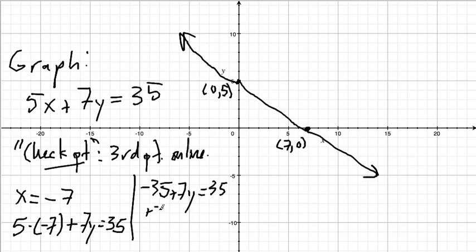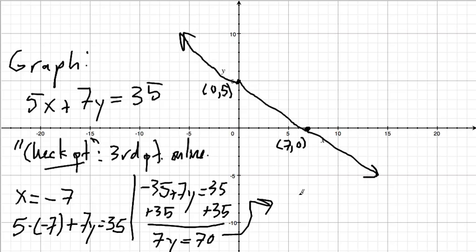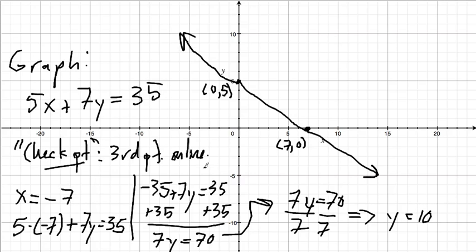I add 35 to both sides, which gives me 7y is equal to 70. I divide both sides by 7, and that tells me that y is equal to 10. So that gives me the point -7, 10.